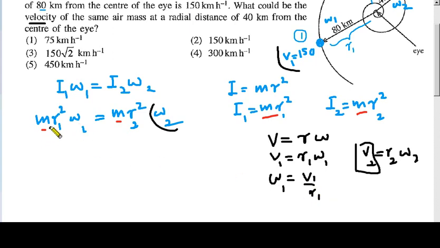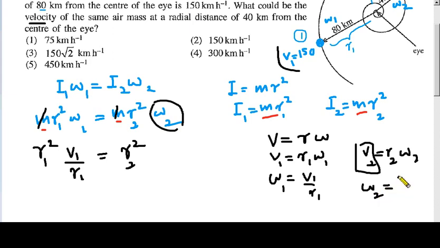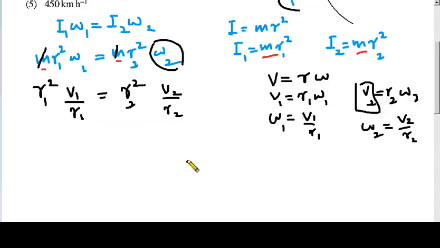So here m cancels, no? Then r1 squared, instead of omega 1 we can write v1 divided by r1, equals r2 squared, instead of omega 2, here omega 2 equals v2 divided by r2.